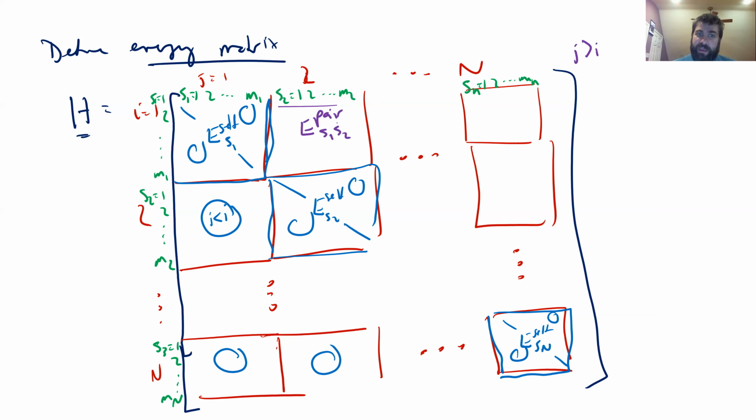And again, this is a dense matrix. This block here would involve all of the pair energies between choices at position 1 and choices at position n. And everywhere along this row, each block would have all of the pairwise interactions between choices at position 1 and choices at all other positions.